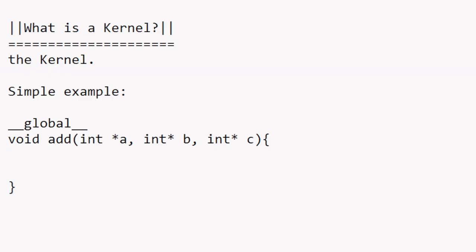And inside the function body, we have a statement int i equals to, and c[i] equals a[i] plus b[i].